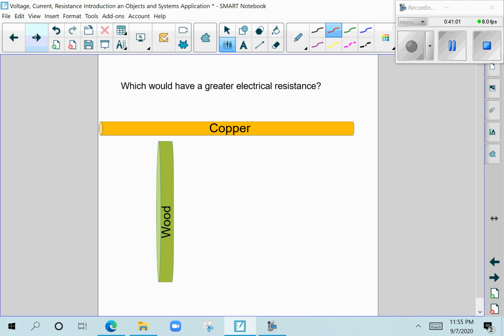Likewise, if I asked which one of these devices, the copper or wood, will offer a greater electrical resistance, here it's a little hard to say. I know metal conducts better than wood, but the metal here is really thin and very long, while the wood is actually thin and very wide. It's actually possible for the wood to have less resistance than the copper does, even though the wood naturally is a worse conductor than copper.